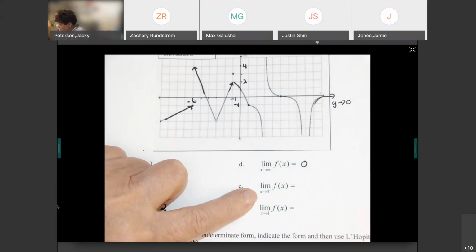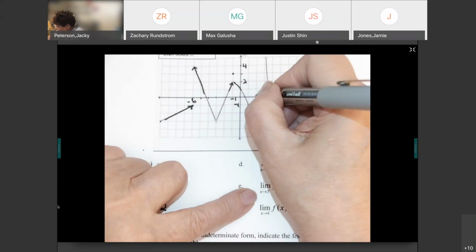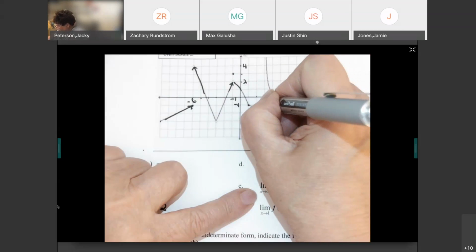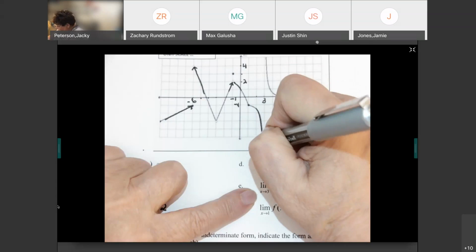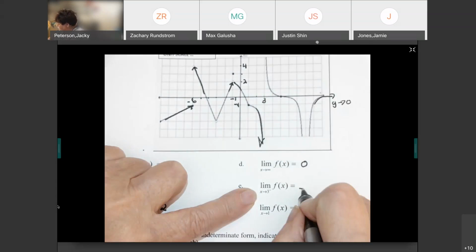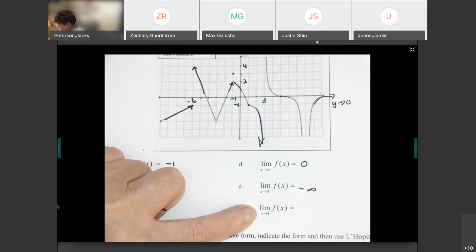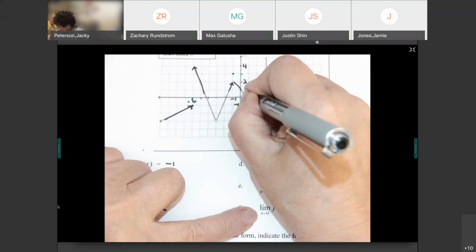And then 3 from the left. So 1, 2, 3. Here's 3. From the left, this thing continues to go down. So that's -infinity. And then at 1, here's 1.